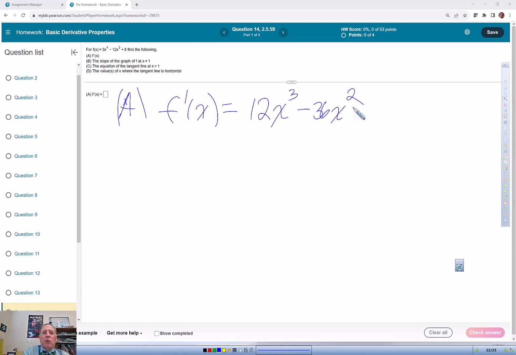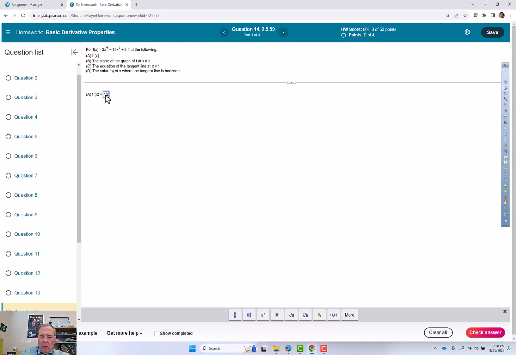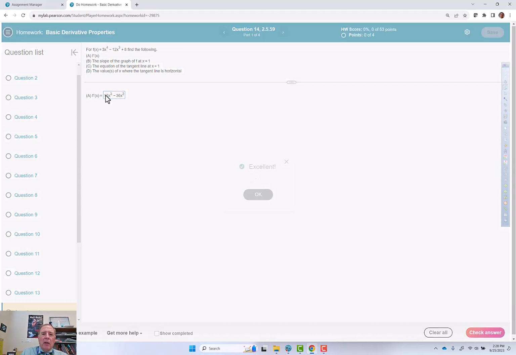So that's my derivative, and that gives me the slope of the function at any x value. So we'll go put that in. 12x to the power of 3, break out of the exponent, then minus 36x squared. Check answer, excellent.